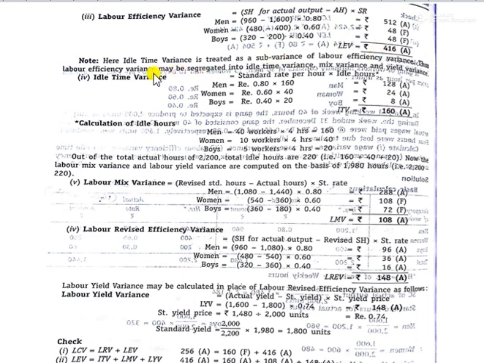Next we are going to calculate the idle time variance. The formula to calculate the idle time variance is standard rate per hour into idle time. Standard rate per hour is given in the problem, for men 0.80, and idle hours we need to calculate for men. While calculating idle hours we need to take actual figures.